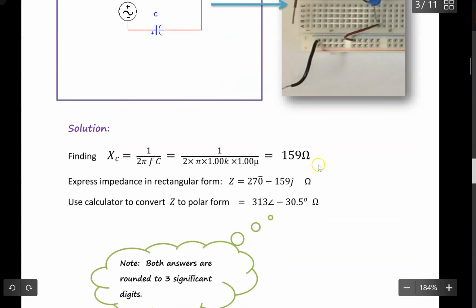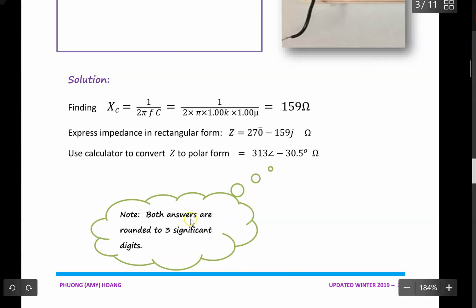You can use the calculator to easily convert this complex impedance into polar form. So when I use my calculator, I have the modulus as 313 and the argument as negative 30.5 degrees. Okay, so again, they are both represented with 3 significant digits.